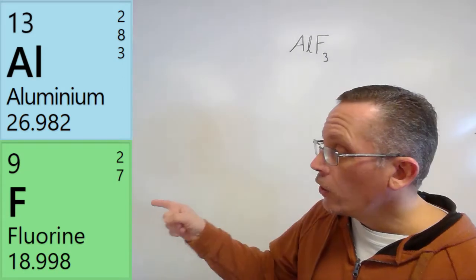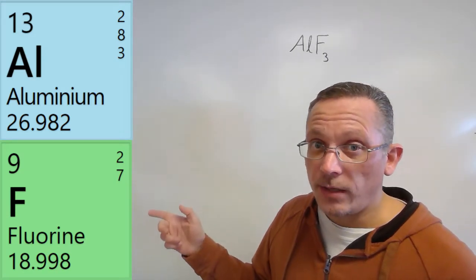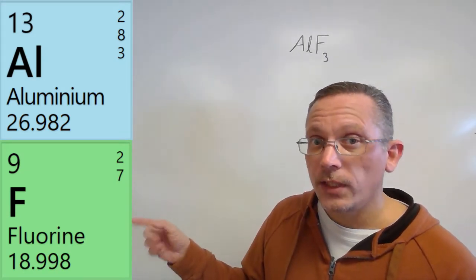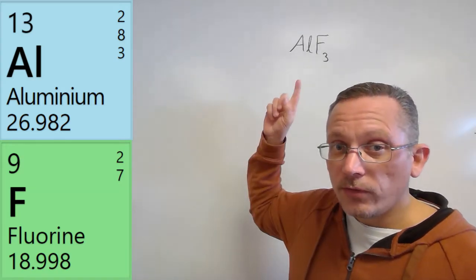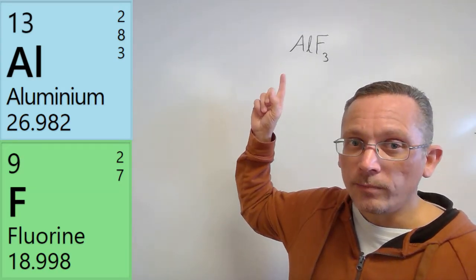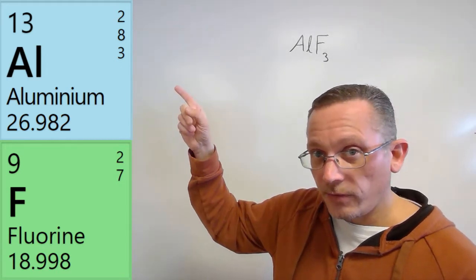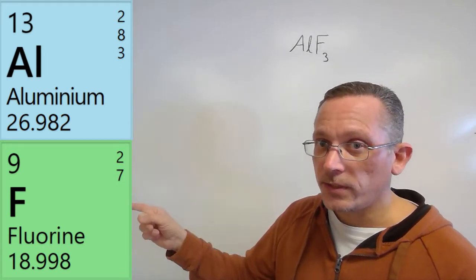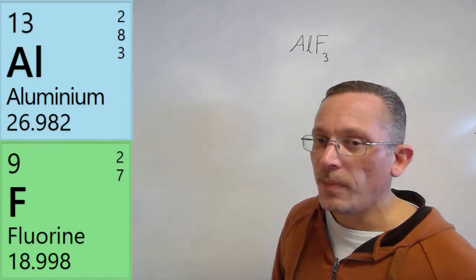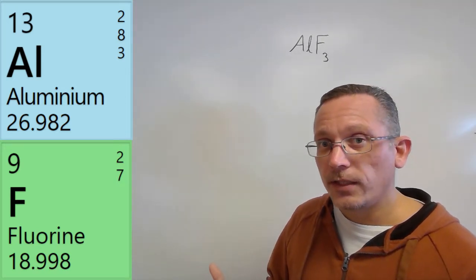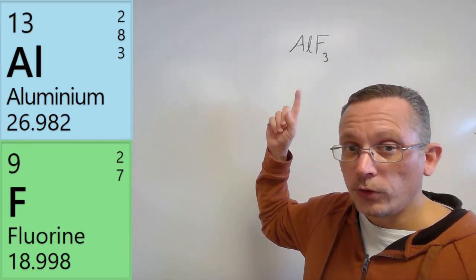And fluorine, which is about 19 grams. So 1 mole of fluorine is about 19 grams. And if you look in the formula, I have 1 aluminum and 3 fluorines. So I'm going to add up 27 plus 19 plus 19 plus 19. And that'll give me the molar mass for aluminum fluoride.